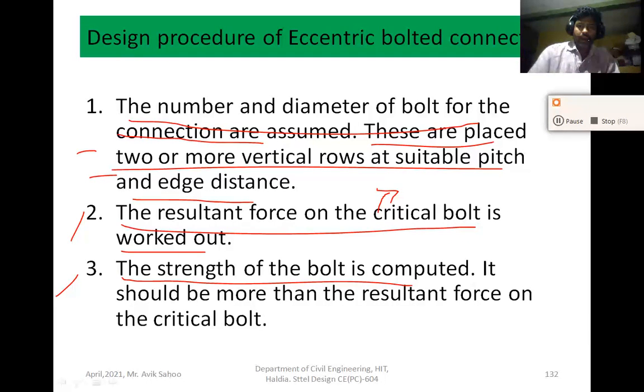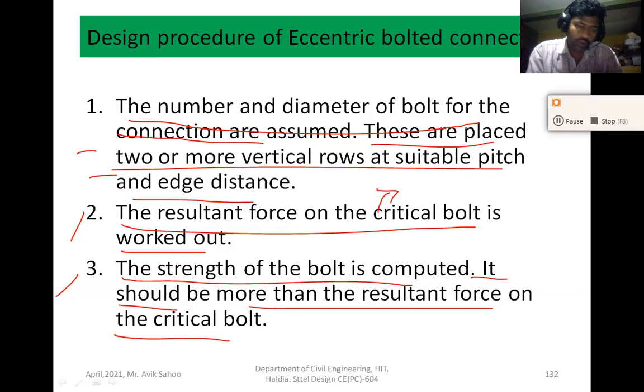And the design condition is that the design strength of the bolt should be more than the resultant force on the critical bolt. So the resultant force induced into the critical bolt should be less than the strength of the bolt.